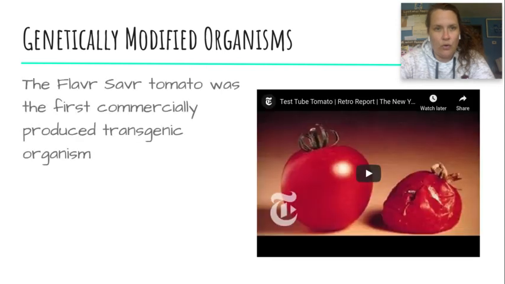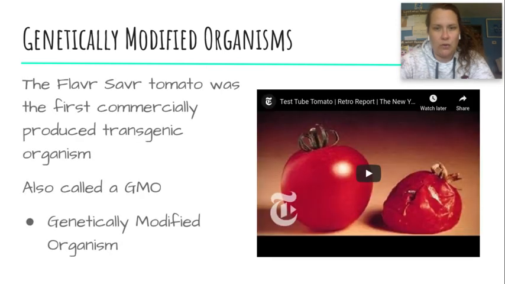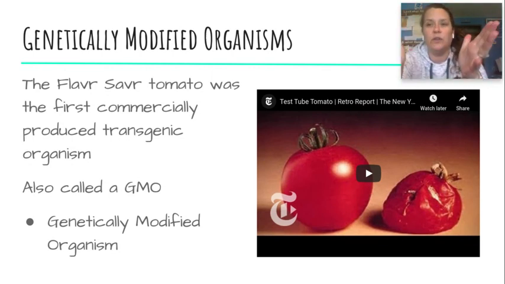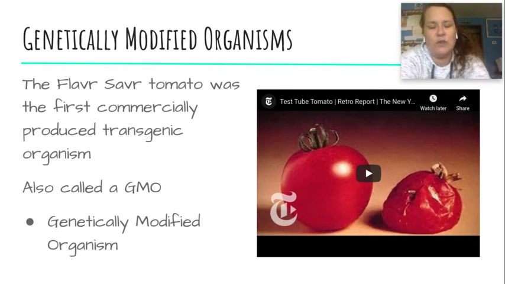And now you're going to watch a video about this. It says the Flavr Savr tomato was the first commercially produced transgenic organism. Transgenic also means it's genetically modified. It's the same thing. Again, in science, we have like 10 different words that mean the same thing just to confuse you all even more.